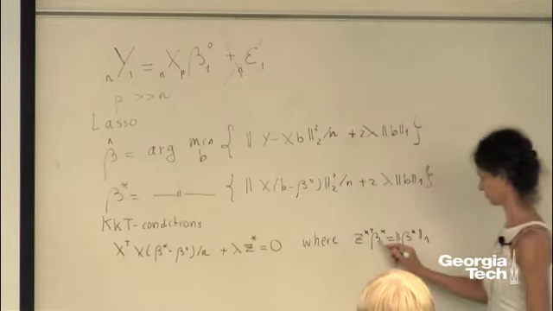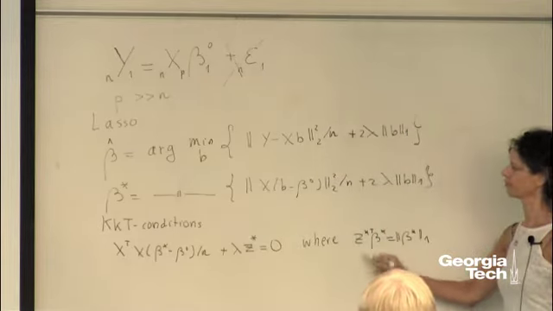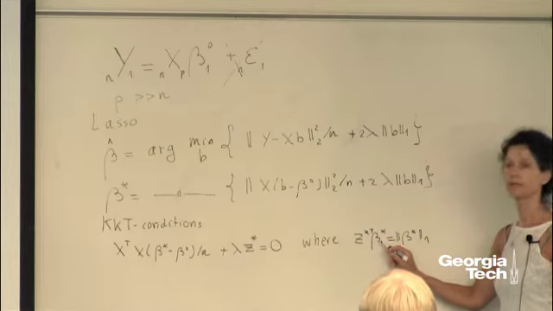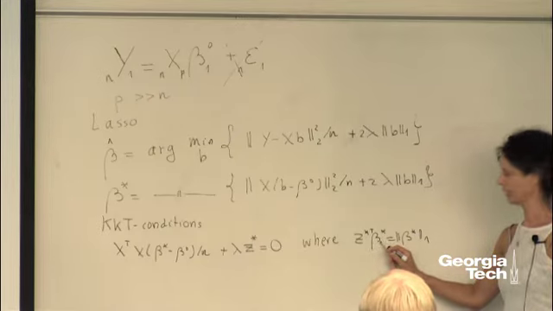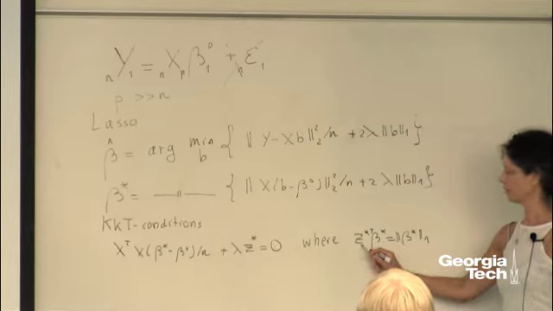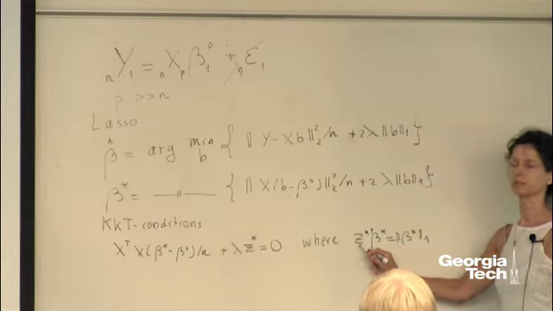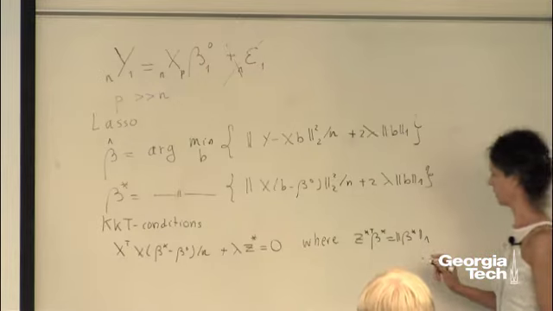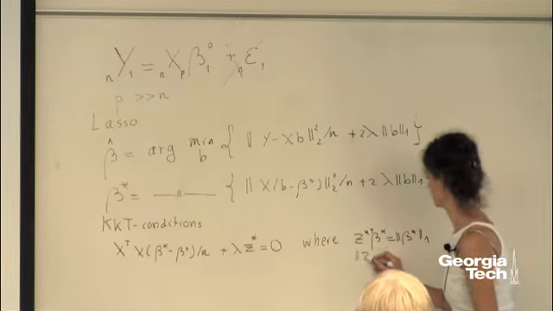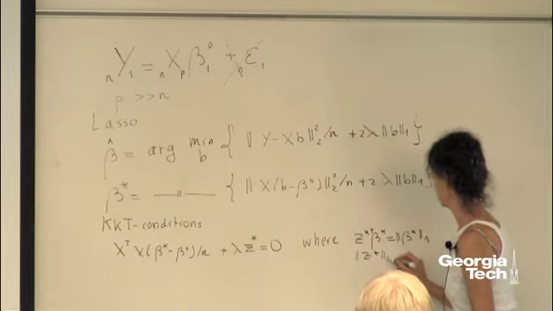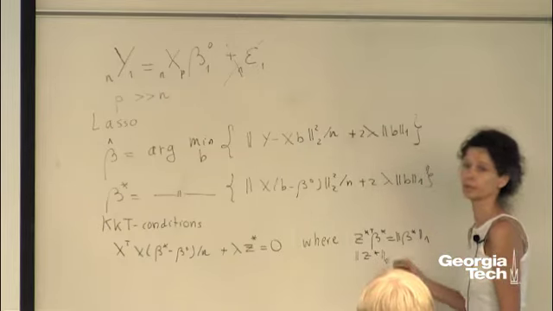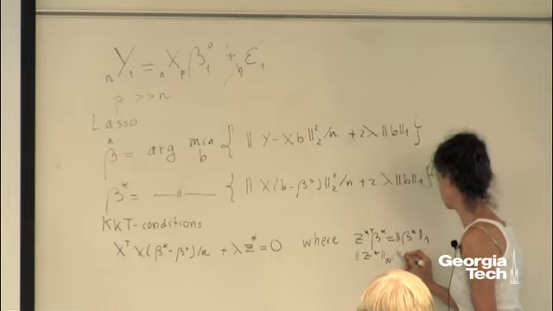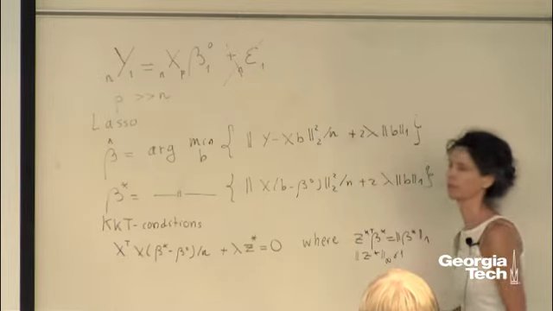This says that z is a vector whose components are the sign of beta star. And if beta star is 0, I don't care what z is, but it's something between -1 and 1. So z has sup norm at most 1.